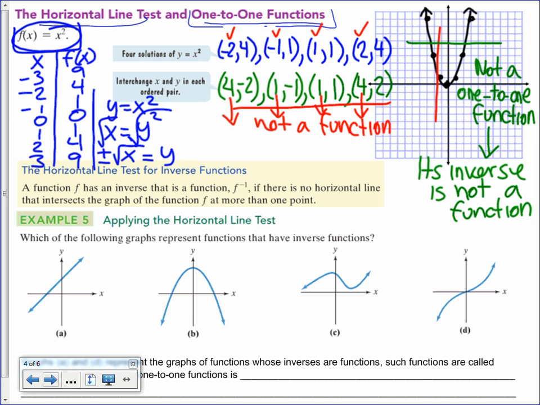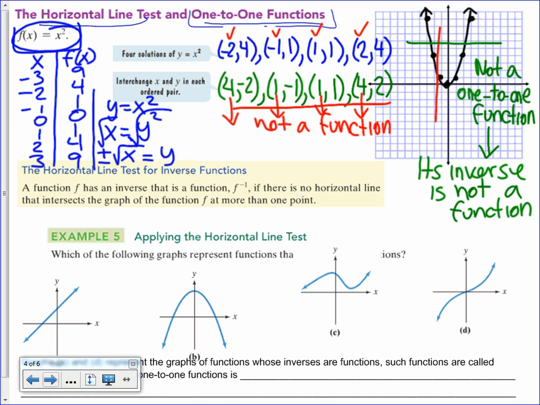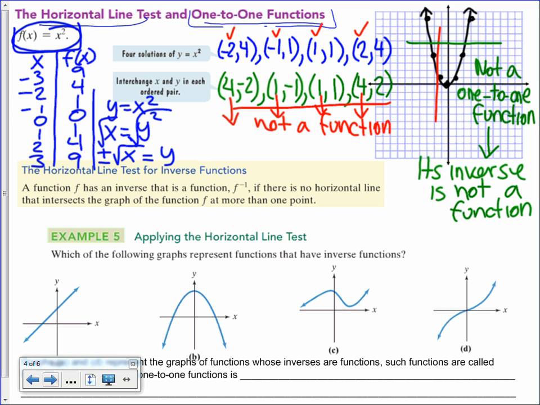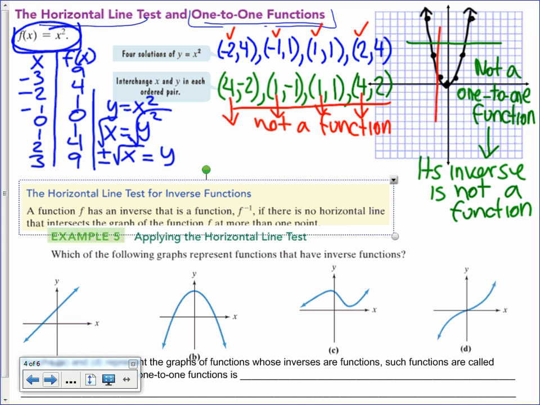And if I was to graph this here, I'm going to try to make a small graph.